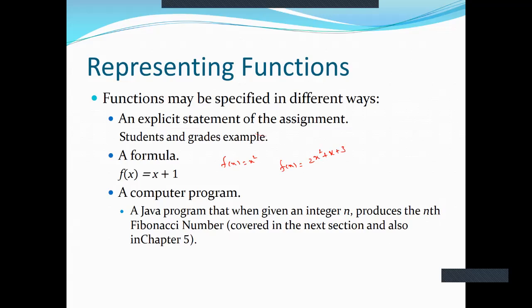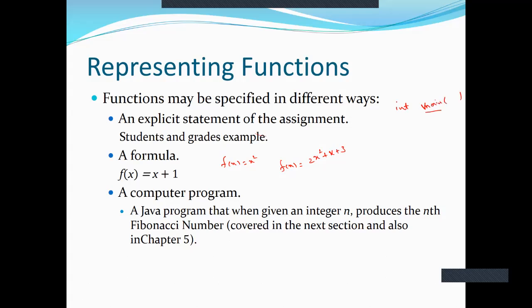Then another representation is the computer programs. So we always write the computer programs in programming languages. For example, if you are familiar with Java or C++, you always write int main, and then you write some arguments.